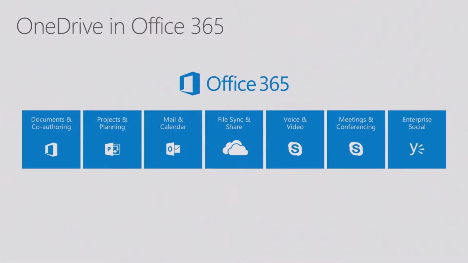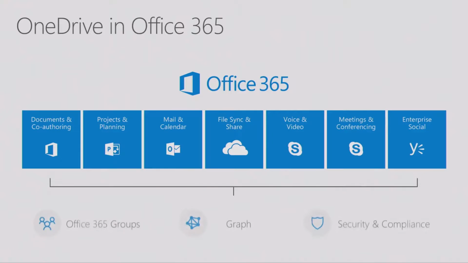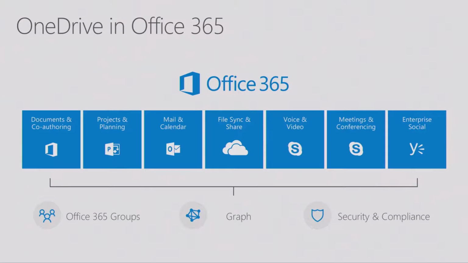So as you probably saw in Jeff's talk yesterday, OneDrive fits into Office 365. In and of itself, we think OneDrive is a very capable file sync and share product, but it's really part of an overall suite, powering the files experience for a number of workloads in Office 365. At the foundation of Office 365 are a bunch of capabilities that all of our products take advantage of.